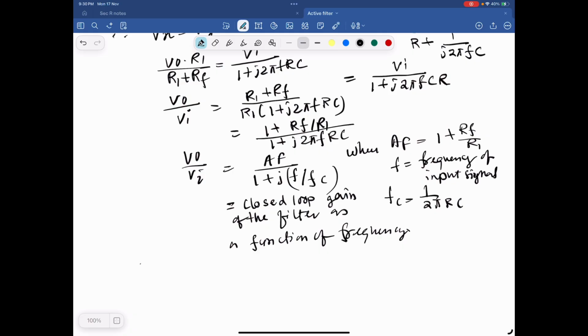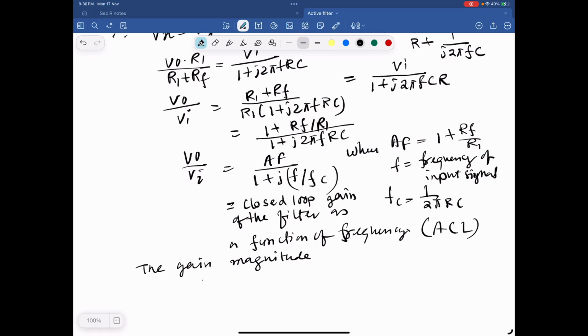The gain magnitude, this is called ACL. ACL means closed loop gain.